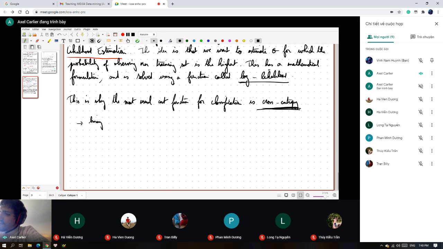For binary classification, we will call p equals P of y equals 1, knowing x. Remember, this is what we said earlier. And 1 minus p equals P of y equals 0, knowing x.